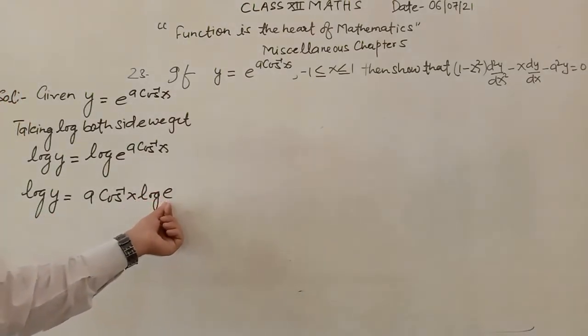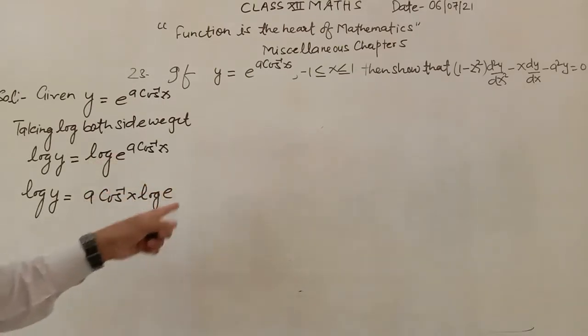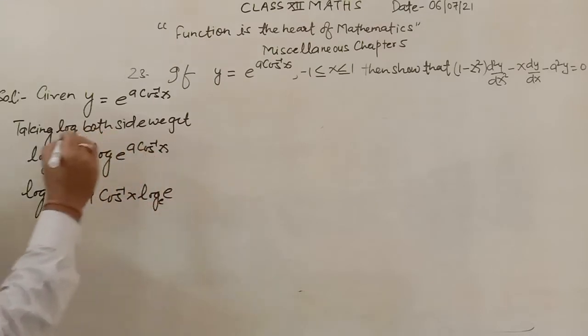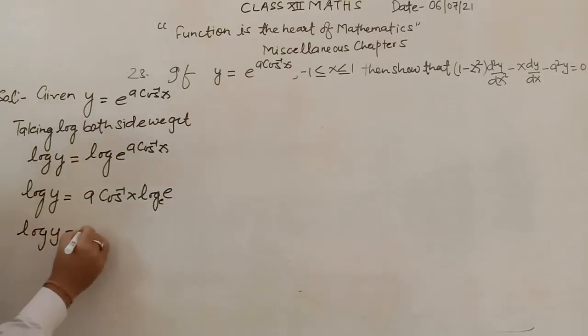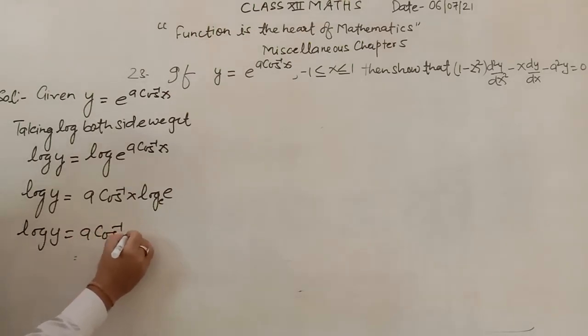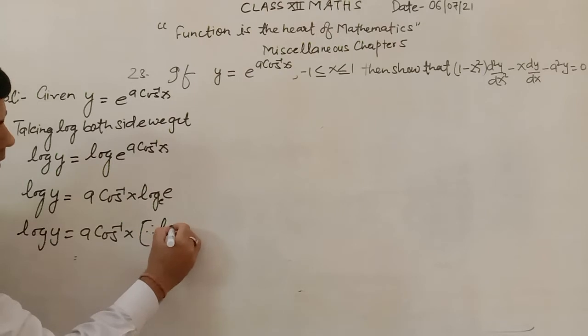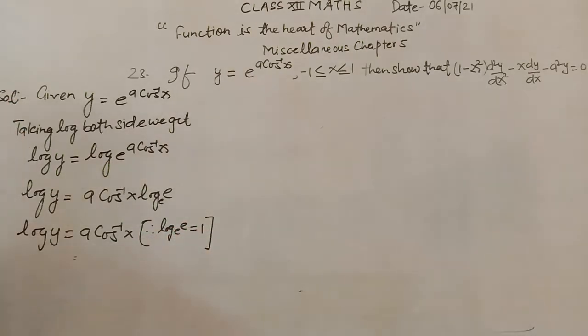This is basic, log e to base e, its value is equal to 1. So log y is equal to a cos inverse x, since log base e of e gives you 1.